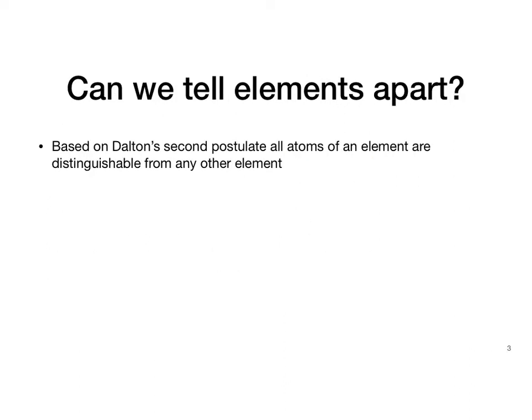So if we can weigh elements, and we can look at them, how can we tell them apart? We know based on Dalton's second postulate that all atoms of an element are distinguishable from any other element.